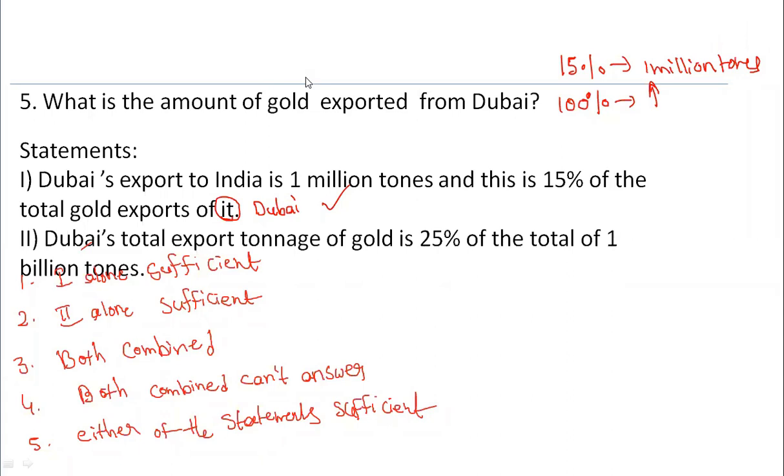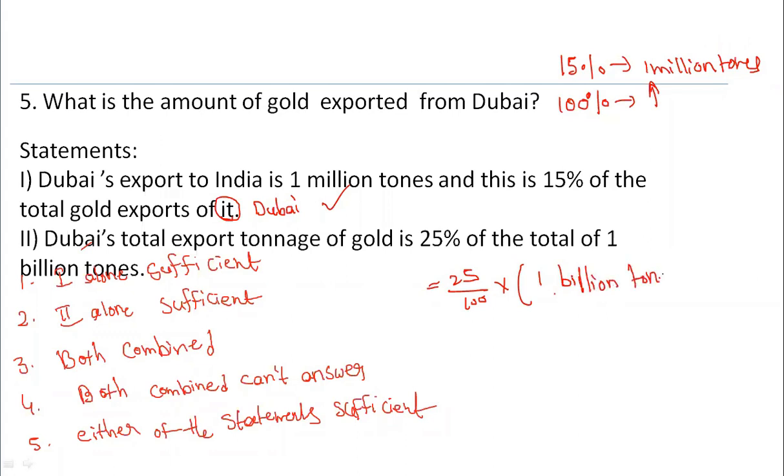Now try solving with the second statement information. Dubai's total exports tonnage of gold is 25% of total 1 billion tons. So this is 25% of 1 billion tons.